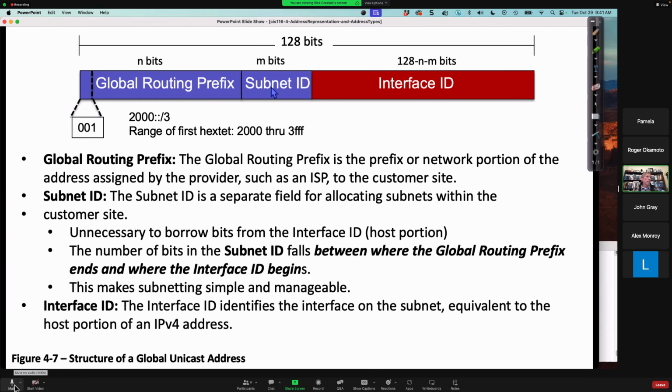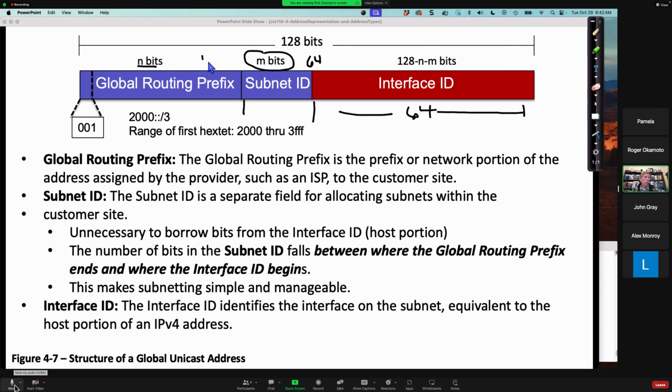So we talked about the subnet ID and the interface ID already. Global routing prefix, whatever. Your subnet ID is usually going to be your subnet ID. We'll talk more about this. We have 64 bits right here. This says we need to have a 64-bit interface ID here. The subnet ID is typically going to be whatever equals 64 bits, whatever we have left over.